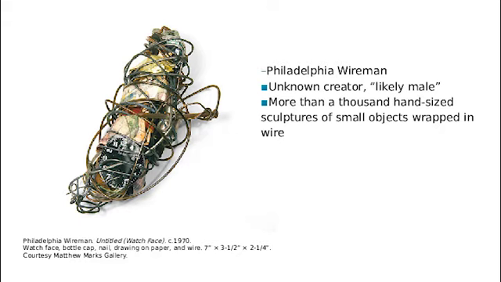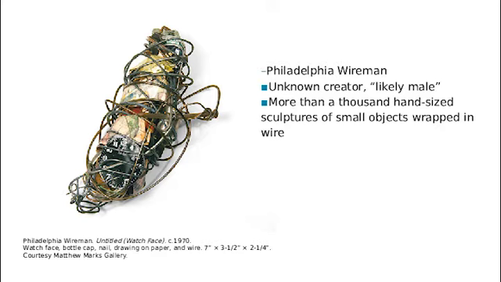Now, here's another example of outsider art, and this is outsider art because we don't know who the artist is. We call this person the Philadelphia Wireman. So a while ago, more than 1,000 small sculptures, about the size of your hand, of objects wrapped in wire were found across Philadelphia. People assume that this artist is male. I'd like to challenge that. I wonder why we assume that the creator is likely male.